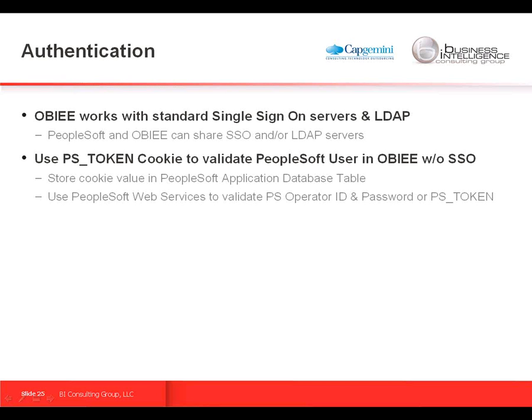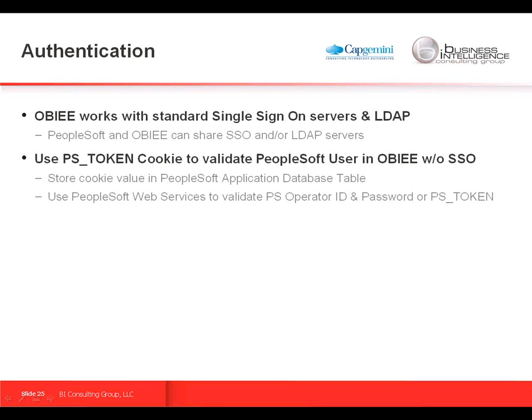Now, when you don't have a single sign-on server to use, this is where we would use the PS token. Again, the PS token is a cookie that is generated by the PeopleSoft web server. It identifies a user that is currently valid, is not timed out. And that cookie is maintained by the web server.